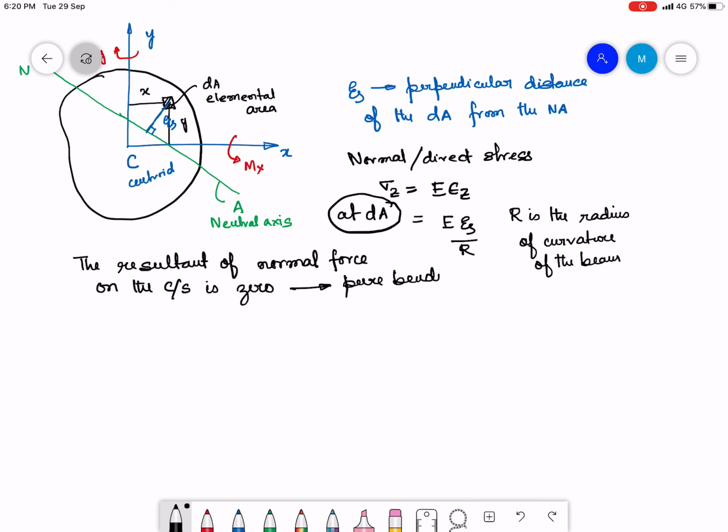There is no externally applied direct force, axial force or shear force.